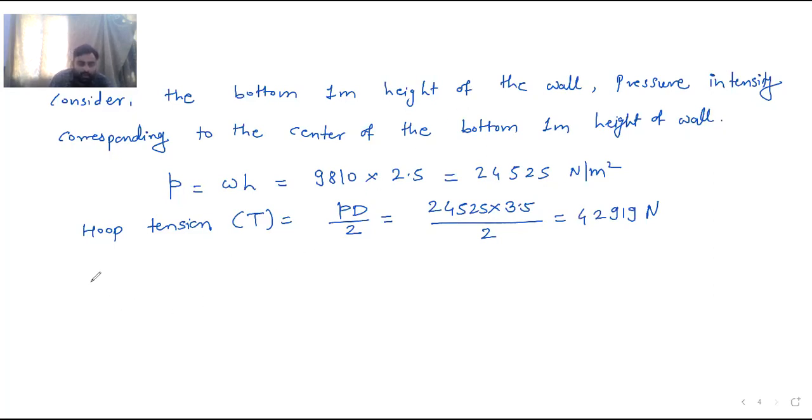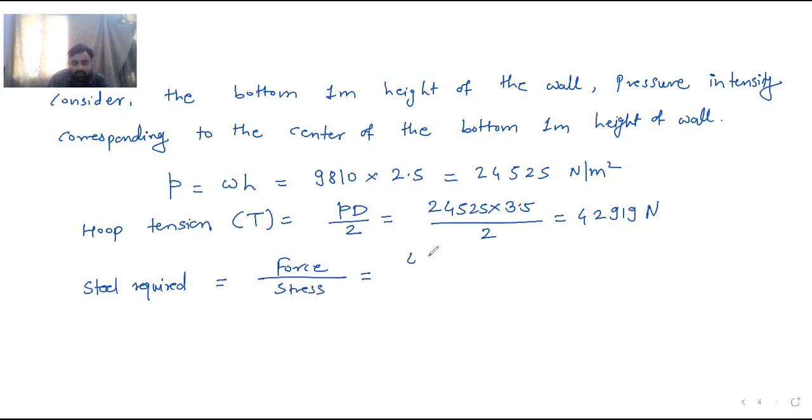Now steel required is equal to, the steel is nothing but the area of steel we need to find out. So area of steel is nothing but the force divided by stress. This is the basic formula to calculate the area.